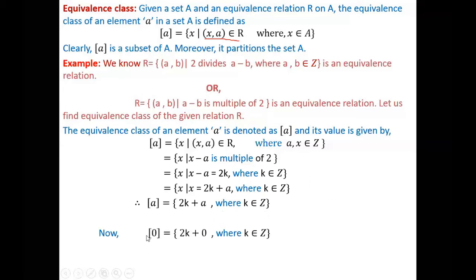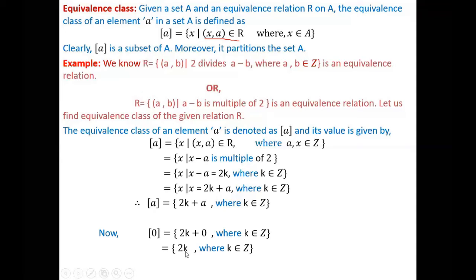Now let us substitute the value of a equals 0. Because a and b belong to the integer set, I can take any value, you can take negative also. So in place of a, I am putting 0. Now it will look like 2k, where k belongs to the integer set. k equals 0 will give 0.